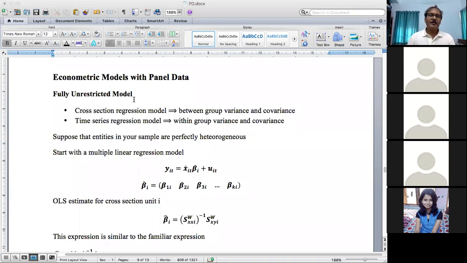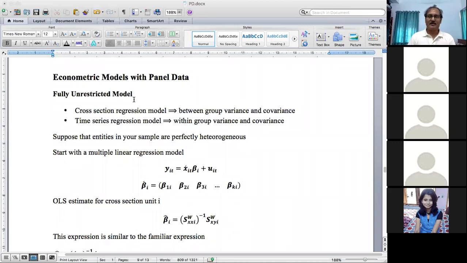And normally the cross-section units in your sample are heterogeneous. Okay, so if we consider all the cross-section units are perfectly heterogeneous, that is, one cross-section unit is completely different from the others.